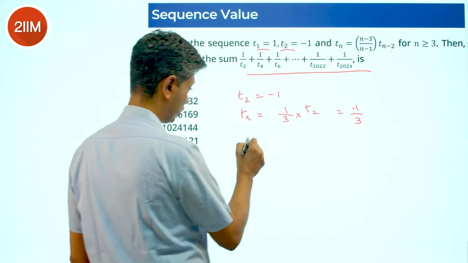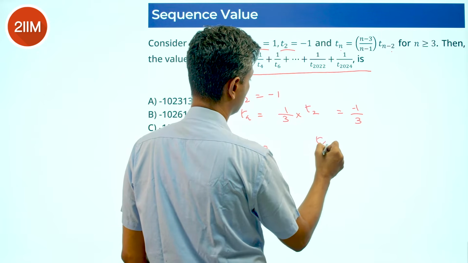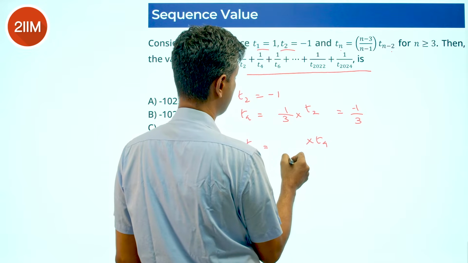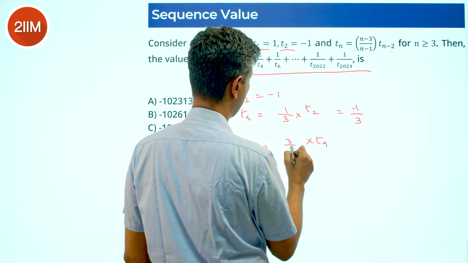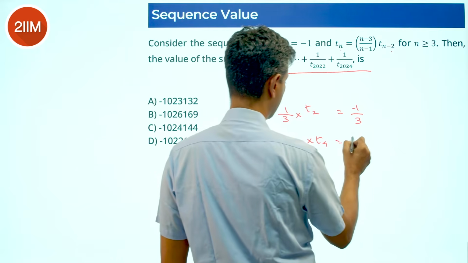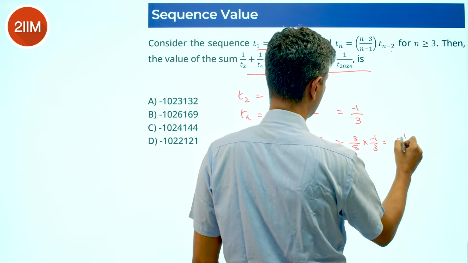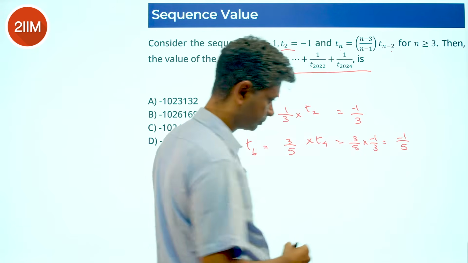Interesting. Now T6 equals (n minus 3) by (n minus 1), 3 by 5 times T4, 3 by 5 times minus 1 by 3, which is minus 1 by 5.